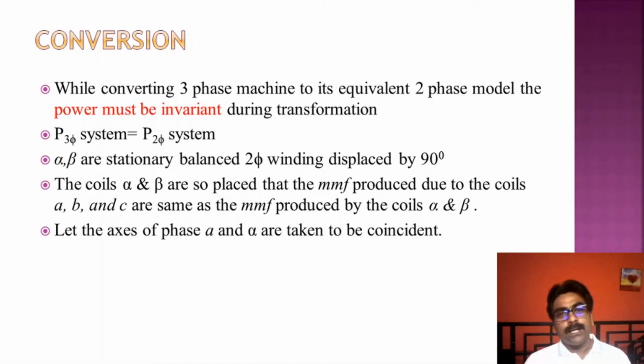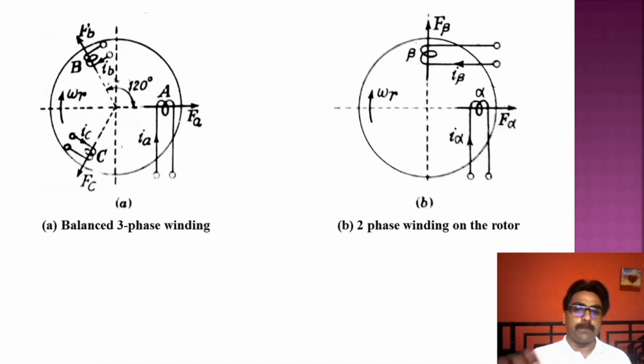To say it another way, the MMF produced by the coils alpha and beta should be the same as the MMF produced by the phase windings A, B and C. So now let us see how this transformation can be done. Before that we will see the equivalent current equations for the alpha and beta frame, right?